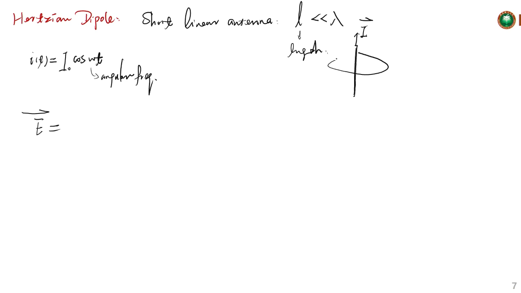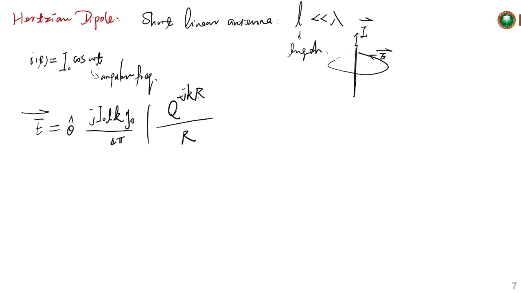If its length is infinite, there is current and an electric field. It follows the azimuth direction, and in this expression there is I naught, k, eta the intrinsic impedance divided by 4 pi, and the bracket inside is the distance, e to the minus j k r, where k is the wave number, also the propagation constant for a plane wave.